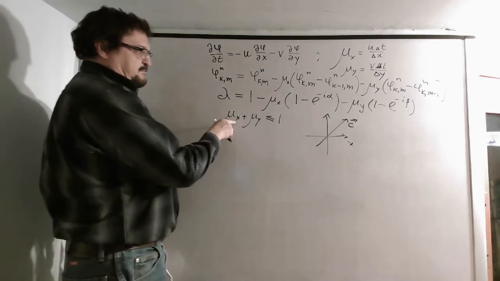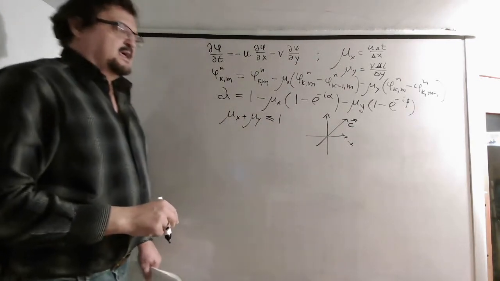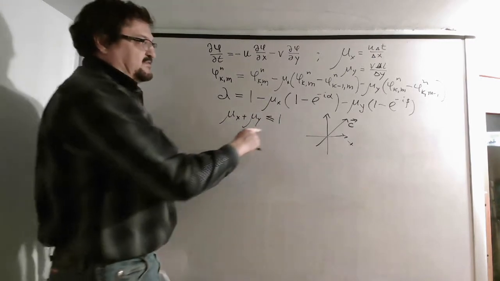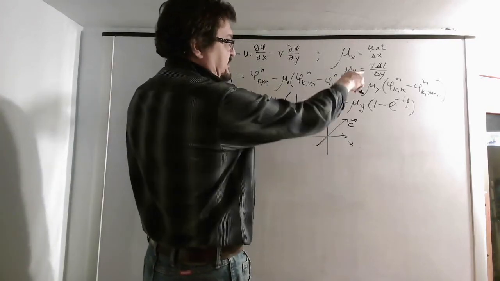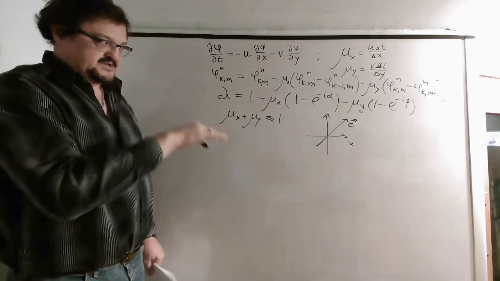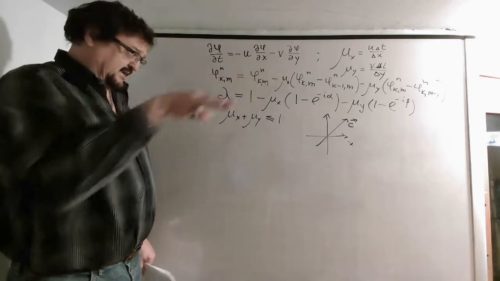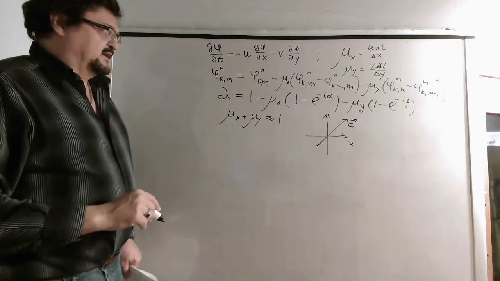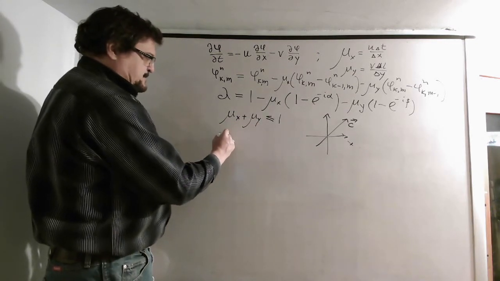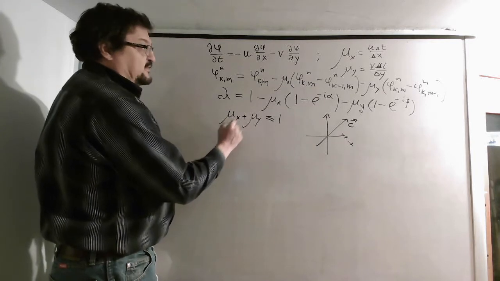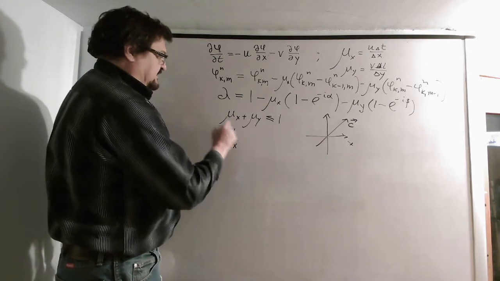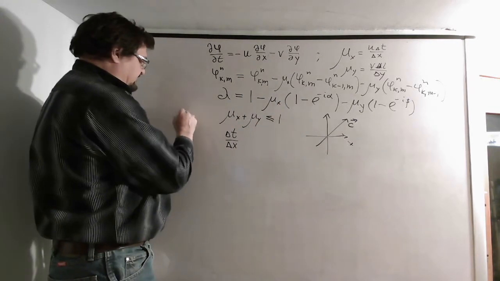Then we have both mu x and mu y, and of course the effect is maximum when it's exactly 45 degrees, assuming that we may also assume delta x and delta y are the same, which is usually the case for a two-dimensional flow in the horizontal plane, let's say. So mu x is delta t divided by delta x, and we assume that delta x is delta y.